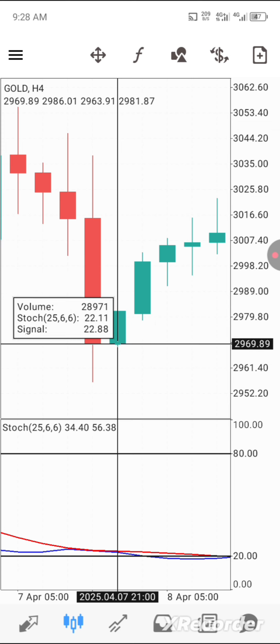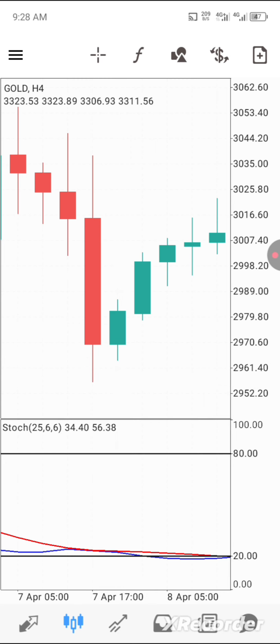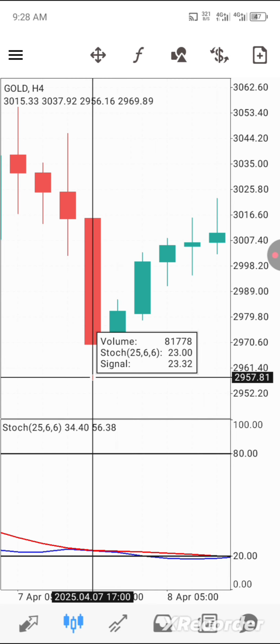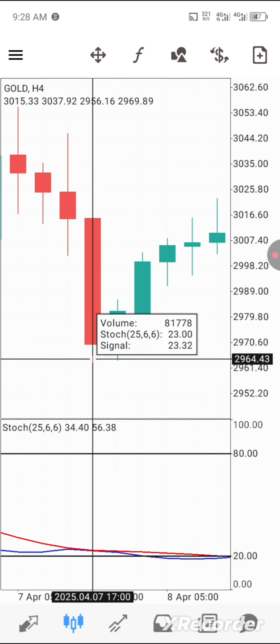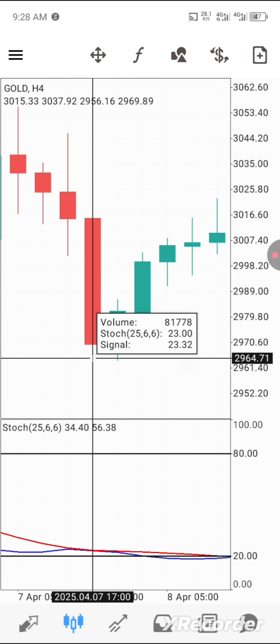And you can see the wick down below. This is a sign of rejection, the market rejects. Maybe it's about to go up.